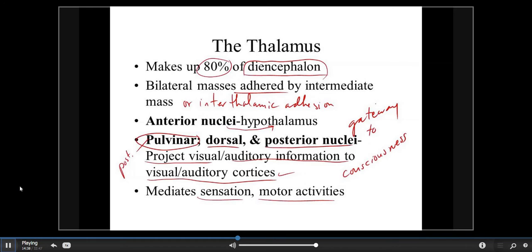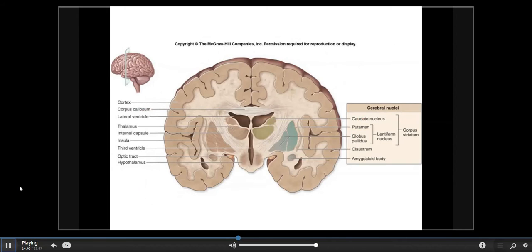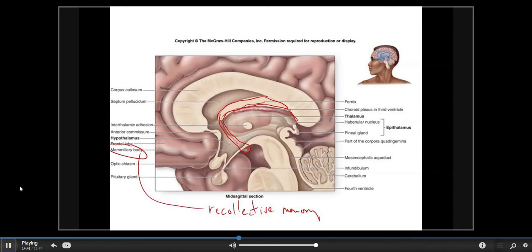Now, another important structure here in this picture that's very obvious, it's an area of white fibers. This is your corpus callosum. Major important structure that connects the two sides of the cerebral hemispheres. This part here is known as the genu, anterior part of the corpus callosum, and this part back here is known as the splenium of the corpus callosum.